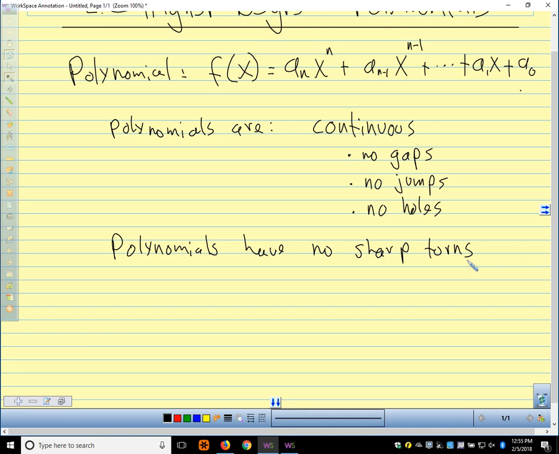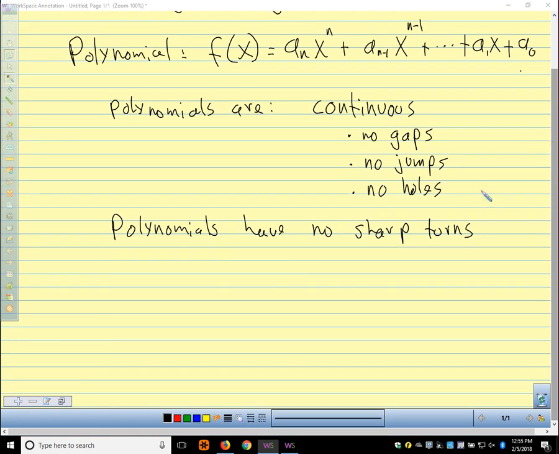So the graphs are always a smooth curve. We don't get a sharp corner. And when you talk about this later in calculus, you'll call this property differentiable. Polynomials are differentiable. So that makes them behave nicely.